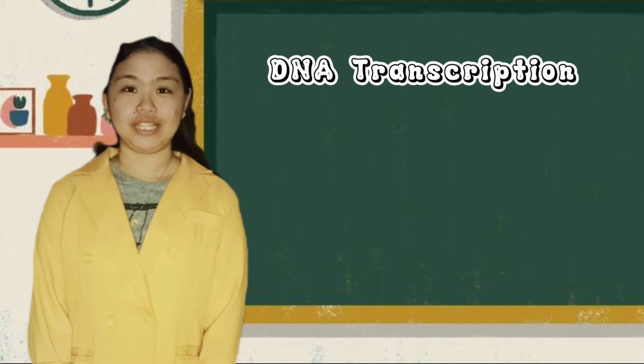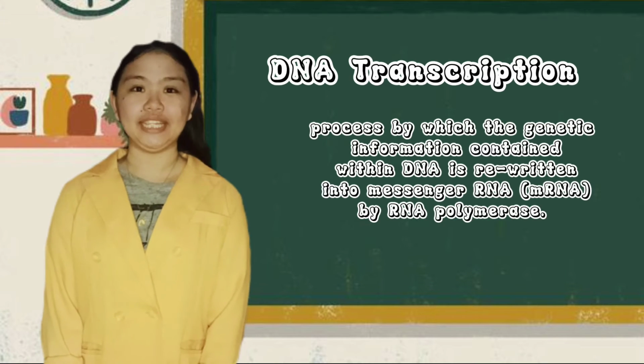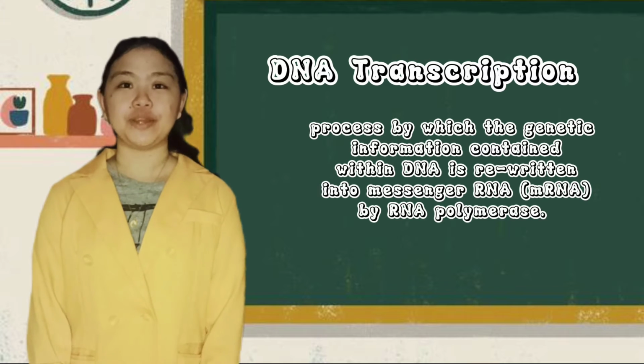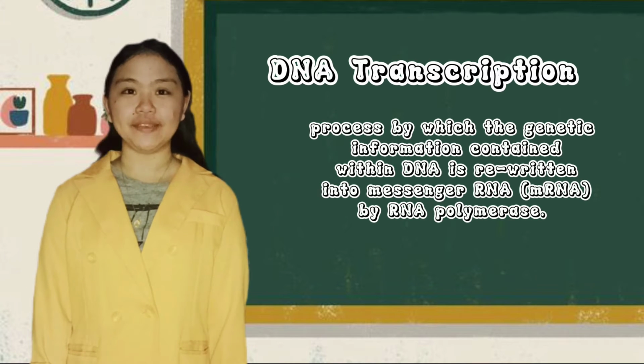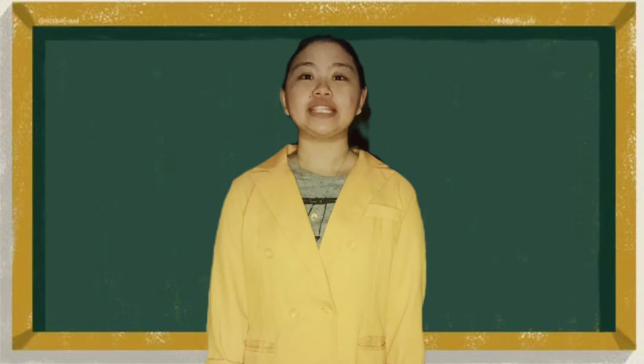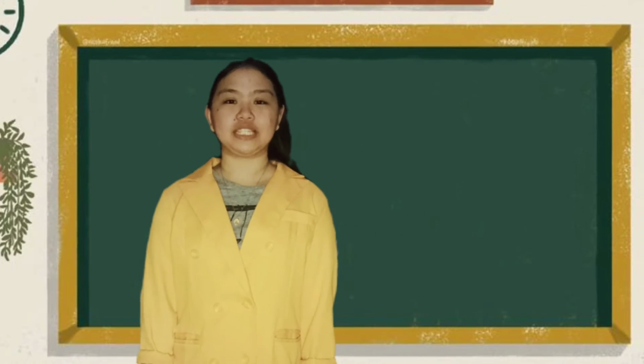DNA transcription is the process by which the genetic information contained within DNA is rewritten into messenger RNA by RNA polymerase. This RNA then exits the nucleus, where it acts as the basis for the translation of DNA. By controlling the production of RNA within the nucleus, the cell regulates the rate of gene expression.